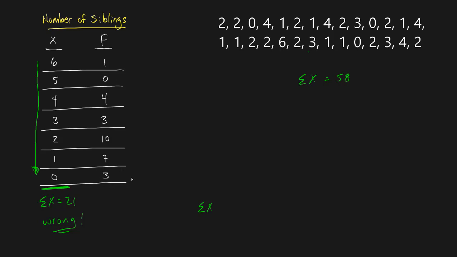All that we need to do is reintroduce the frequencies back into the value that's going to get added up to give me that sum of x. So that works like this.